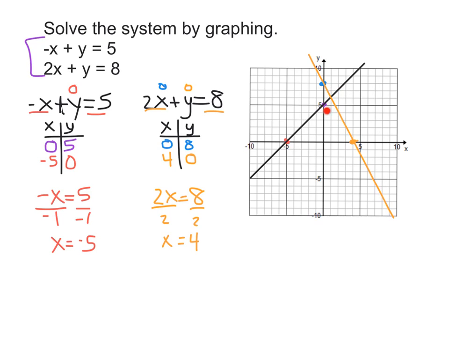So right here is where these two lines intersect, and it looks like that point is right here at 1, 6. So 1, 6 is our solution. Notice we went over 1 on the x-axis and up 6 to get to that point. So 1, 6. And again, we'll talk more about checking those in class.